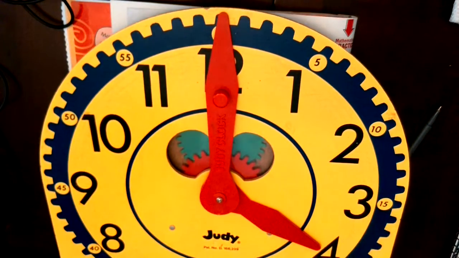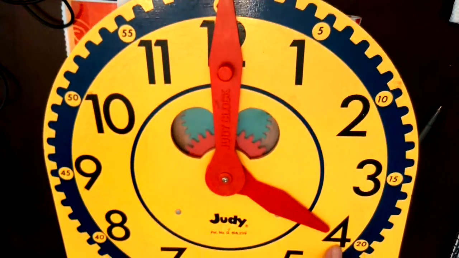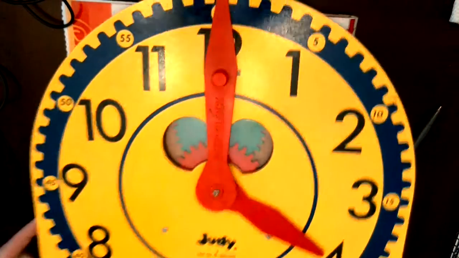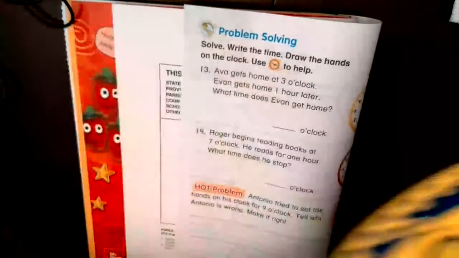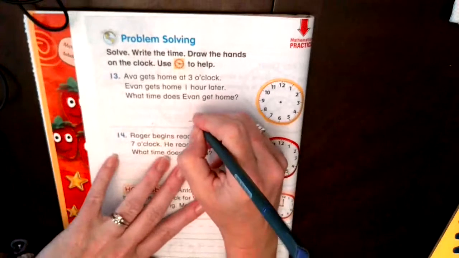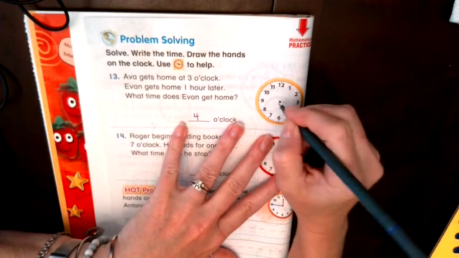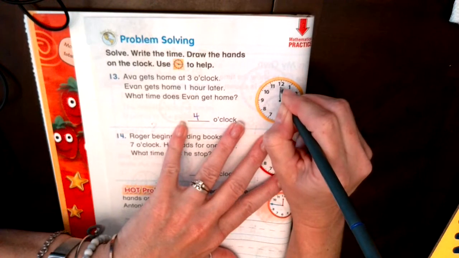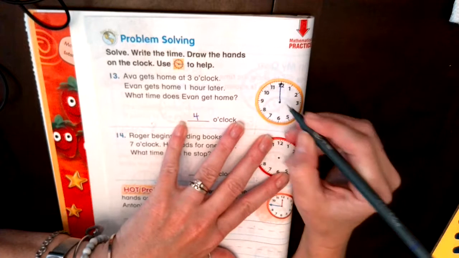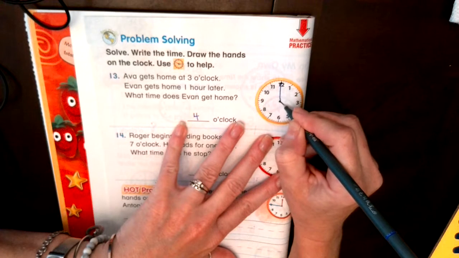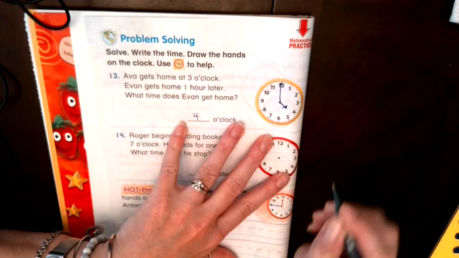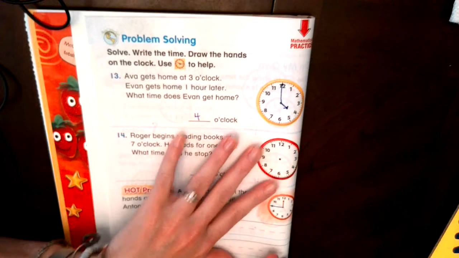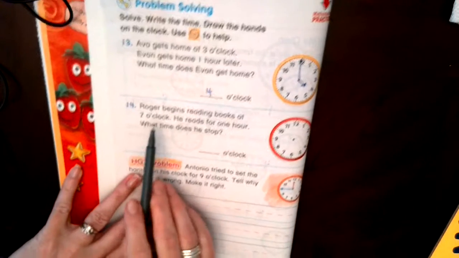This goes one more hour to the 4. So he gets home at 4 o'clock. And let's draw 4 o'clock on our clock. The minute hand, the long hand, goes all the way up to the 12. And the short hand, the hour hand, goes to the 4. Good job.